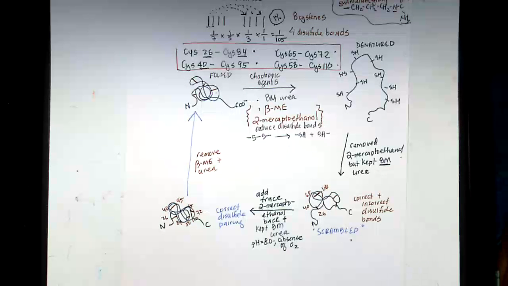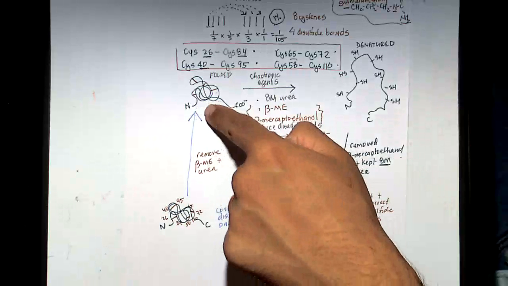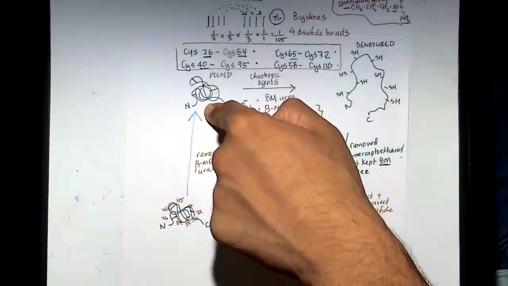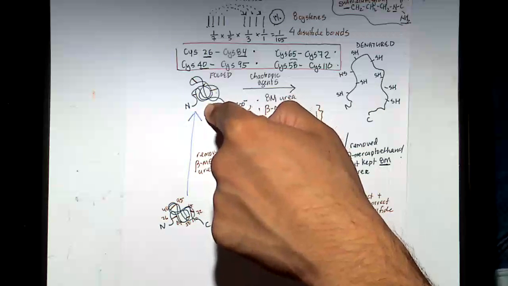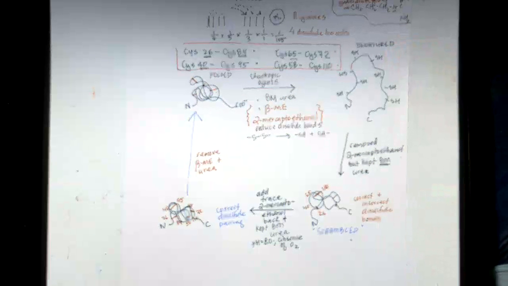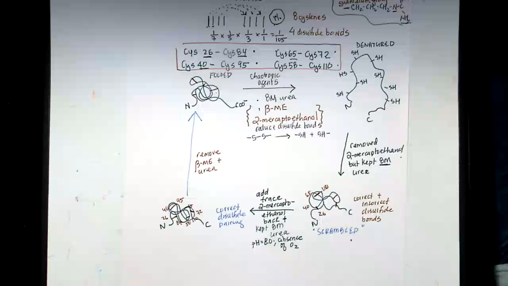Primary. So the amino acid sequence carries the information for the tertiary fold. We call it the primary sequence. So what allows this to fold into its three-dimensional structure? The primary sequence. In other words, the primary sequence determines the tertiary structure.